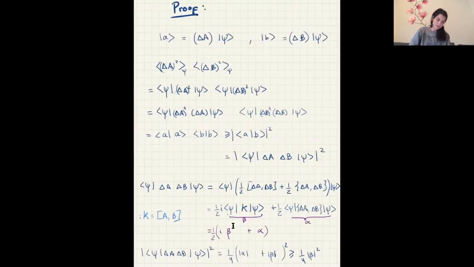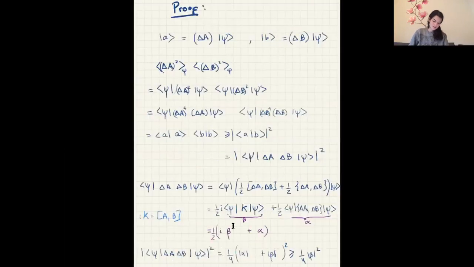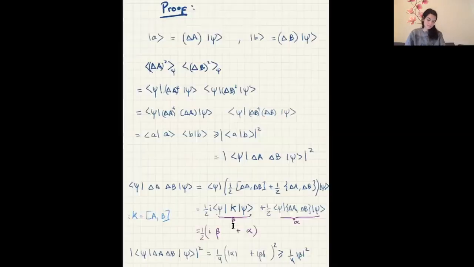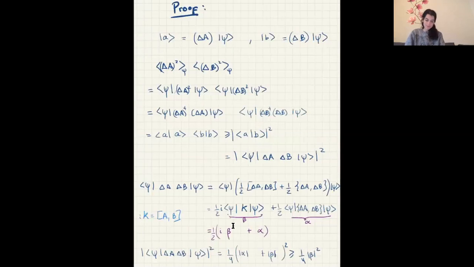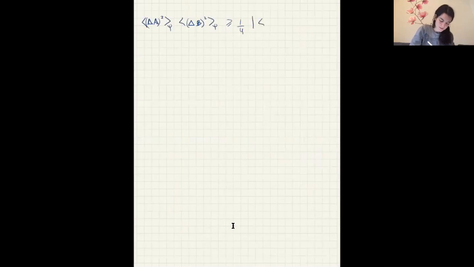Let's put everything together. So what we had on the left-hand side was this thing here. Okay. And now on the right-hand side, we have 1/4 of beta square. So 1/4, and what is this beta now? Well, beta square is just the absolute value of this thing.